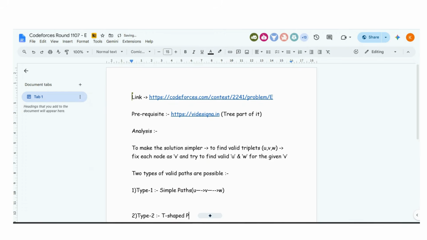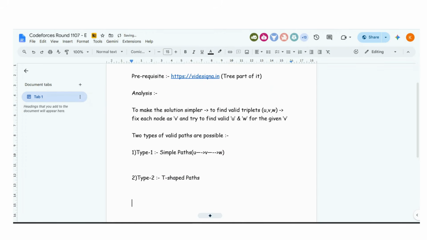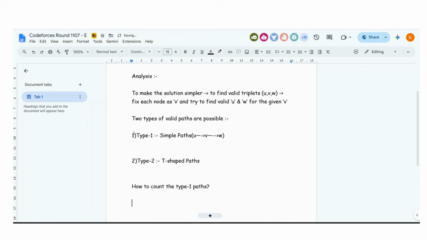So this much you have to analyze yourself. So in today's session, we will focus on how to count the type 1 paths. In tomorrow's session, we will focus on how to count type 2 paths. Add both of them and you will get the answer.